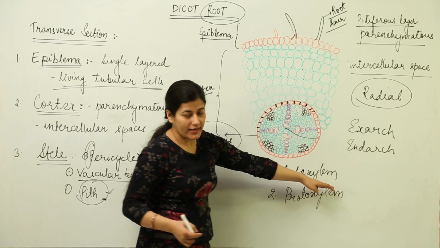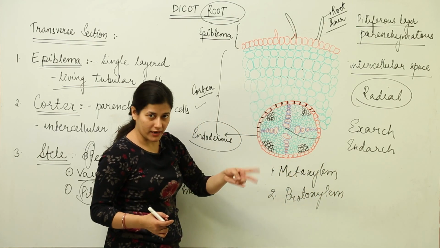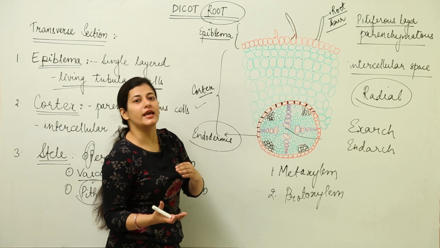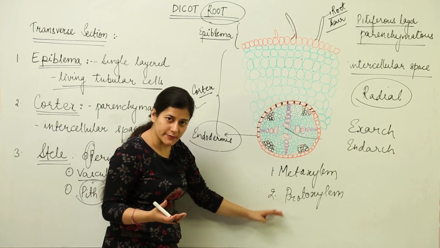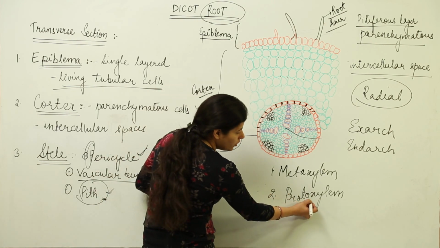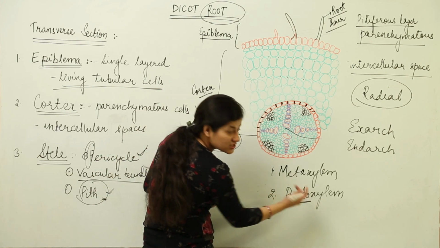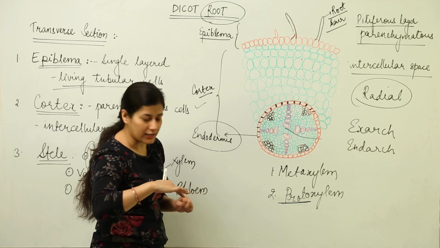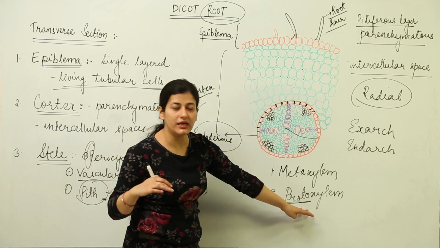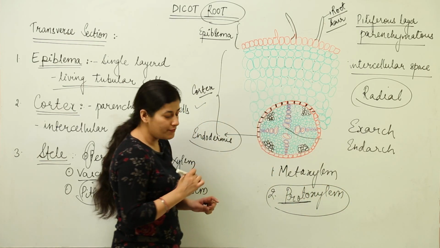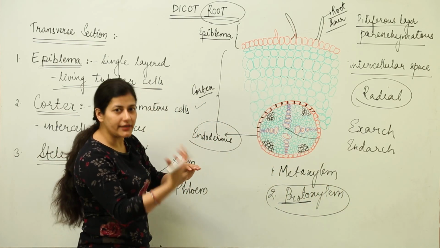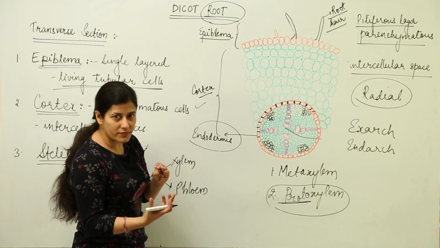Both of them are xylems, but on the basis of the stage of growth at which they are formed, we have two distinctions. As the name suggests, proto is something which comes first, in the beginning. So the xylem that comes in the beginning is known as protoxylem. The xylem that is formed in later stages, or the newly formed xylem, is metaxylem.